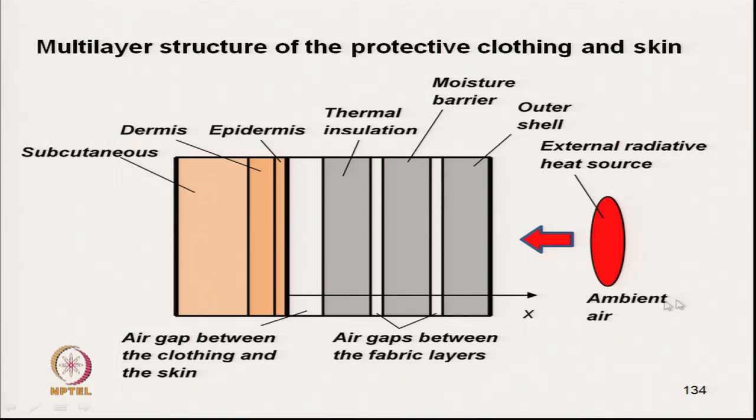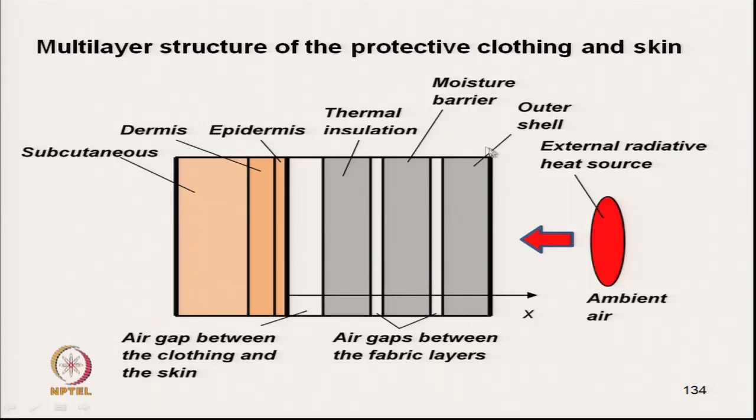So, ambient air, where the external radiative heat source may be flame, may be fire, any heat source, and this gray part is showing the protective clothing.